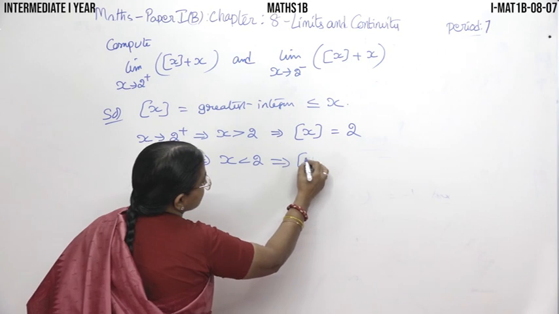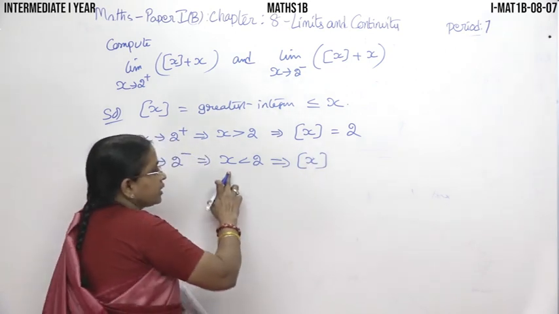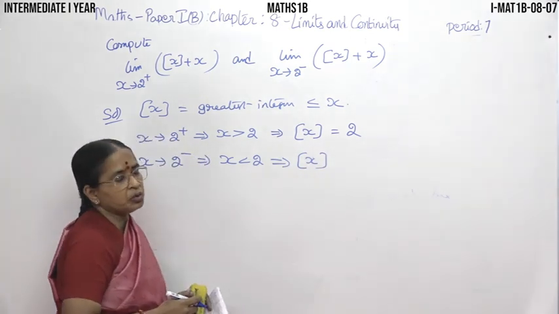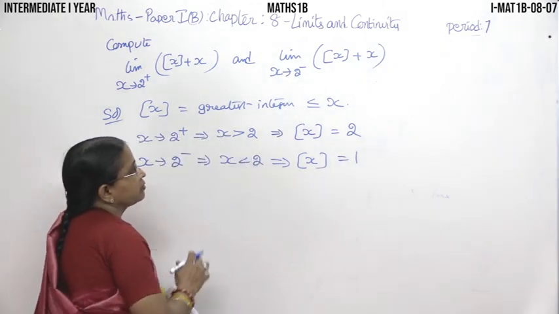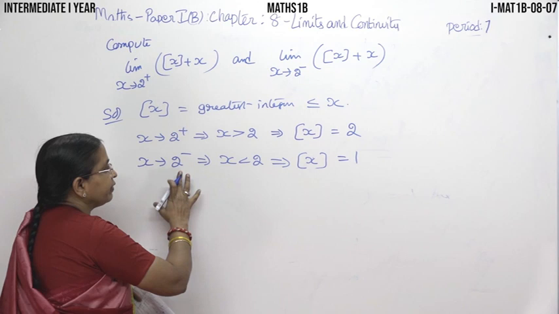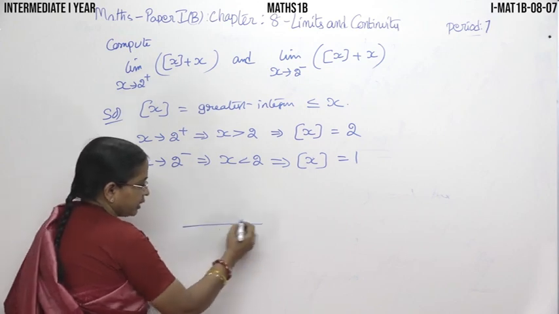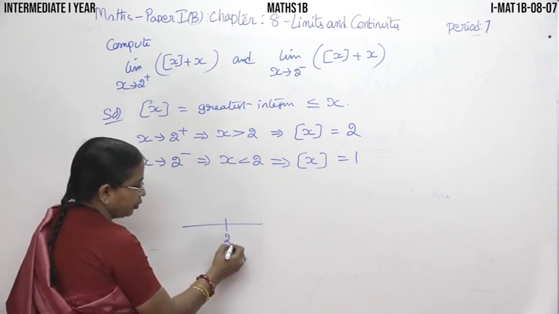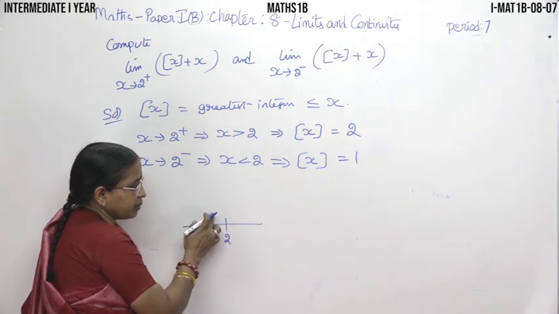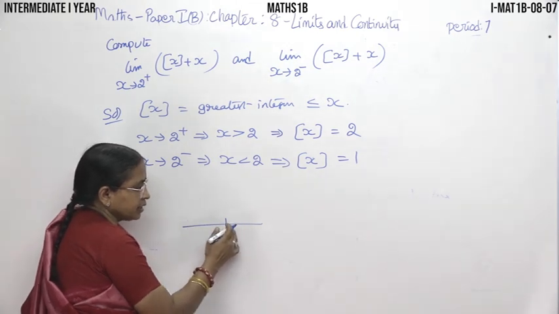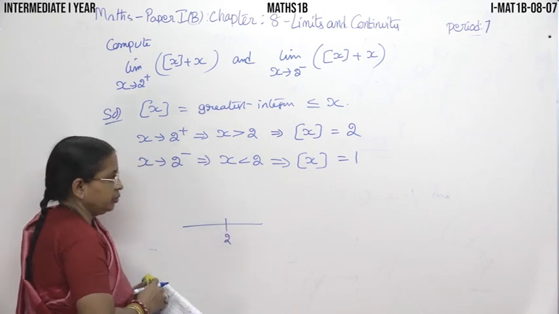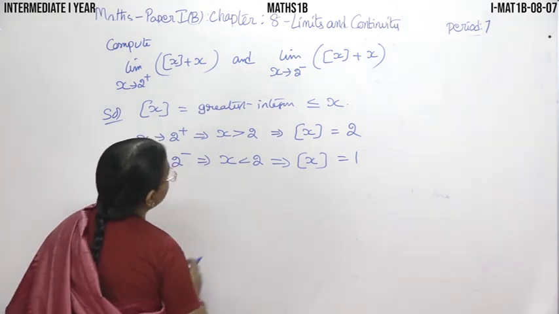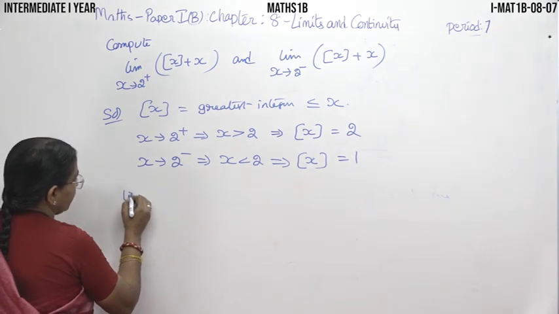When x is less than 2, the greatest integer less than 2 is 1. So step x value will be different on the real number line around 2. When it is less than 2, step x value is 1. When it is greater than 2 and nearer to 2, its value is 2. These two things we should observe and just write the limits.